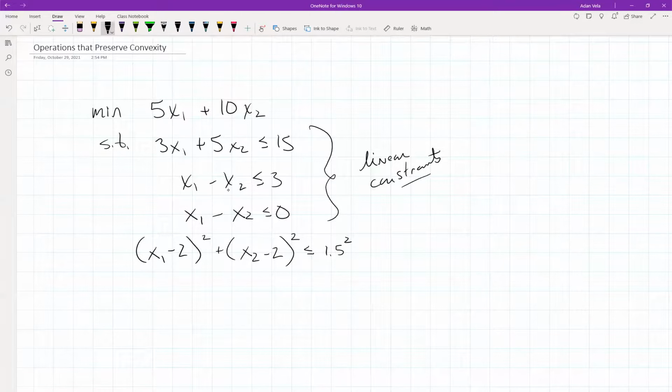Which we have shown are convex, right? So if we have a bunch of linear constraints, they're convex. The other thing we've shown is that these quadratic equations where we have them less than or equal to a value are ball constraints and they're also convex.